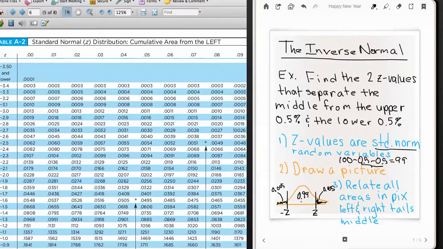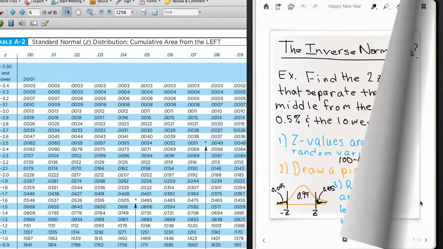I also want you to note that I have chosen a symmetric interval here. So this z-value here I've represented with a negative, and this one I've represented as a positive, and I've just represented them as z's because they are the exact same values. One's just negative and one's positive. And we're going to use that in our process of finding these z-values.